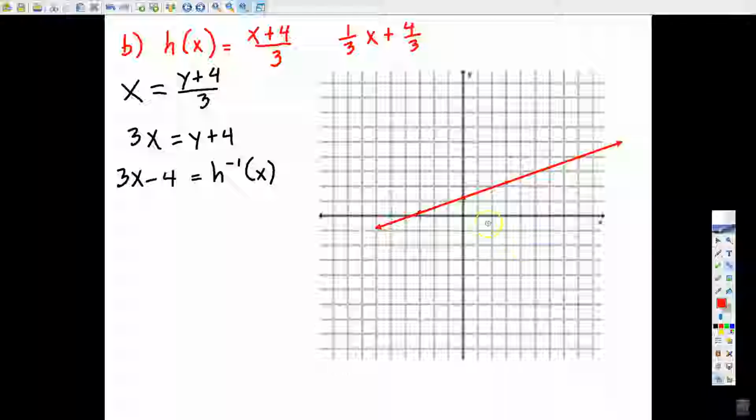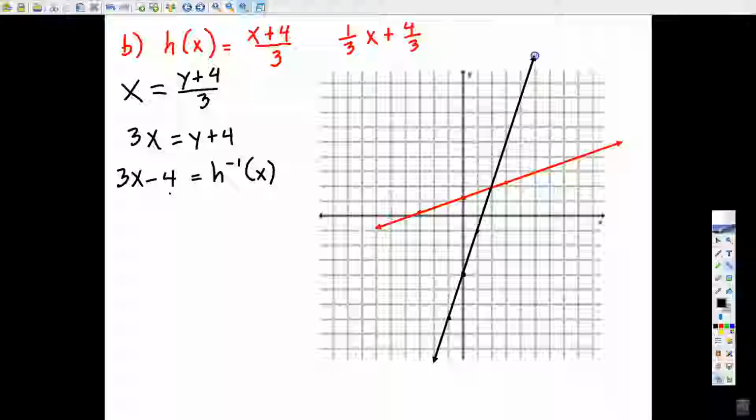And then you have a choice. If you can identify literal ordered pairs off of the red, you could just take those ordered pairs and switch the x y coordinates, plot those, and you will have the points that would be on the inverse. Or in this case, it's easy enough just to say, well, I have a y-intercept of -4 and a slope of 3. And we'll connect those, do it in black.